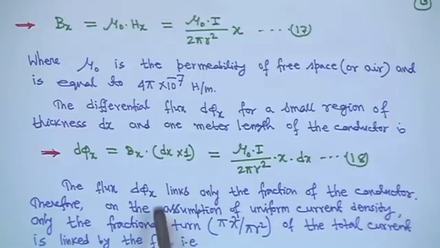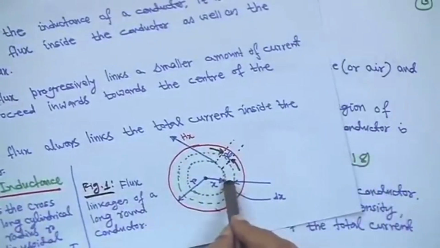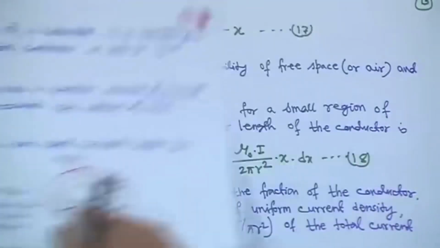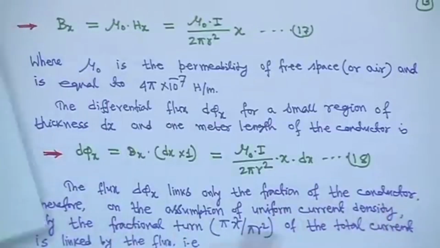The flux d phi x links only a fraction of the conductor, because it is at a distance x only.